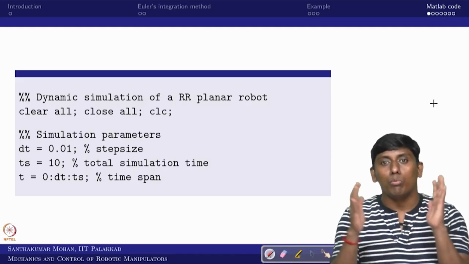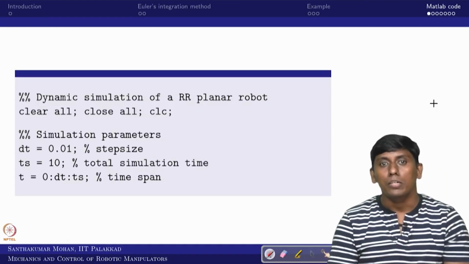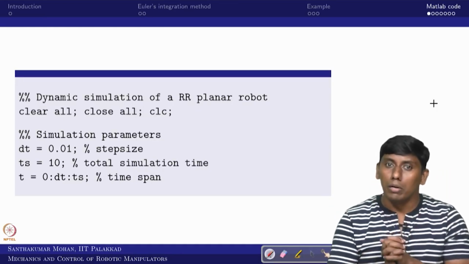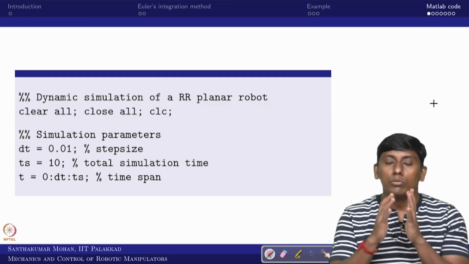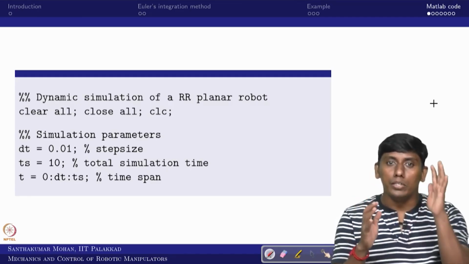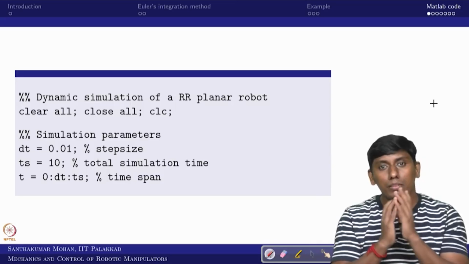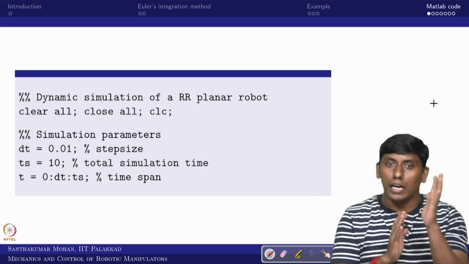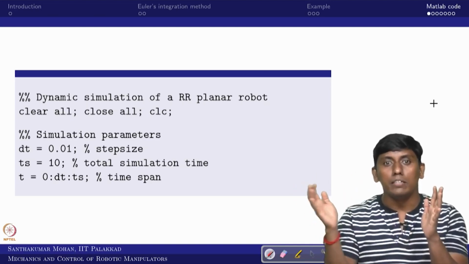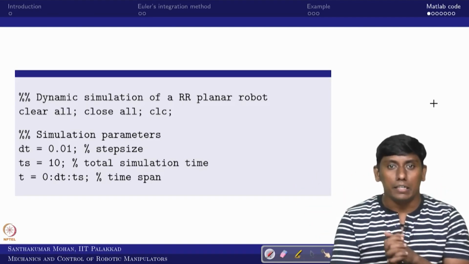Further we need to decide the simulation range for running this Matlab code, which I call the total simulation time, written as Ts. Then it propagates from 0 to Ts with the interval of delta t. So I am defining the time span starting from 0 to Ts with the step size of dt, okay.